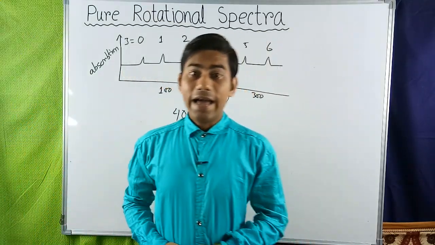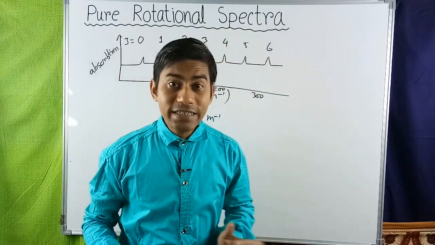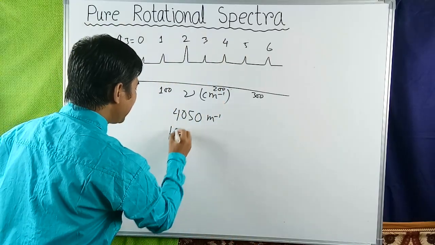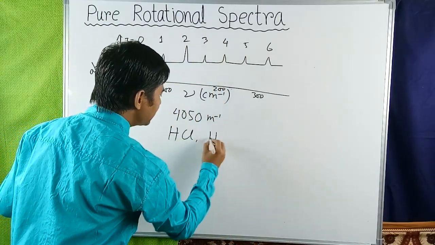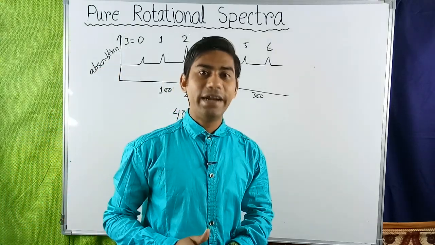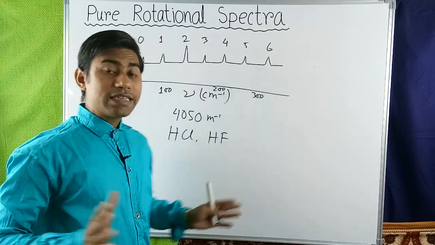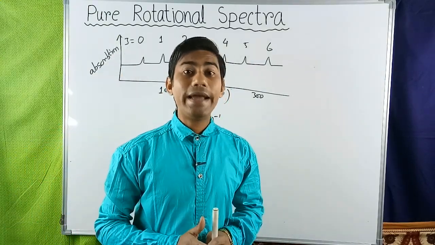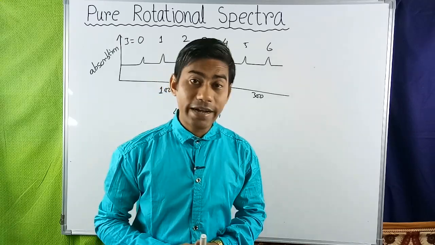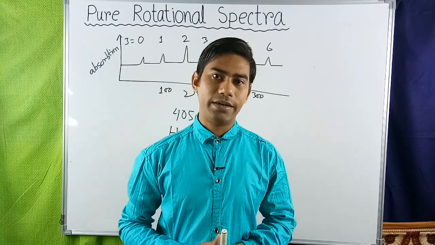Now, according to the electromagnetic theory of light, rotational motion of only polar molecules like HCl, HF, etc. leads to the emission of radiation, because in such molecules the centers of positive and negative charges are permanently separated, so that they possess a permanent electric dipole moment.